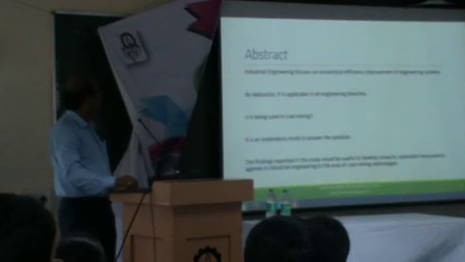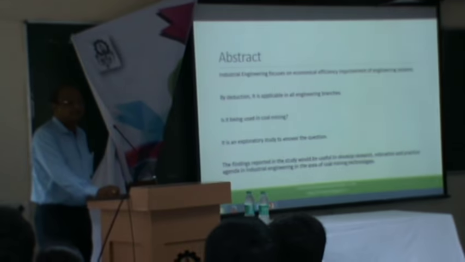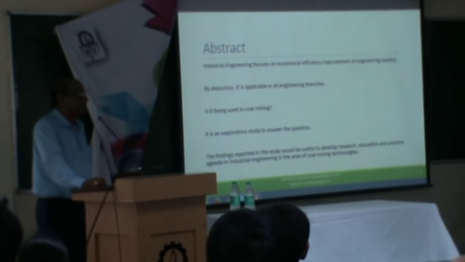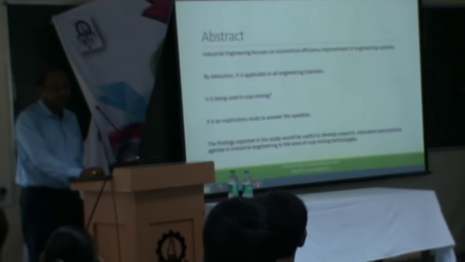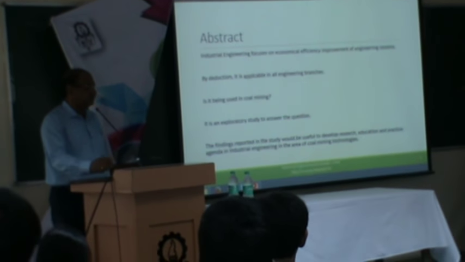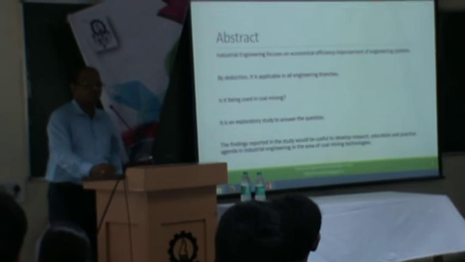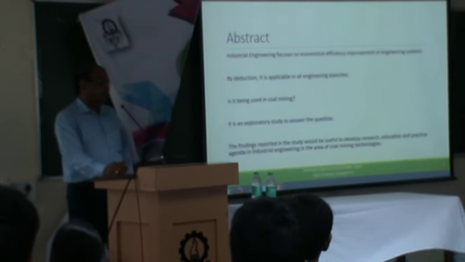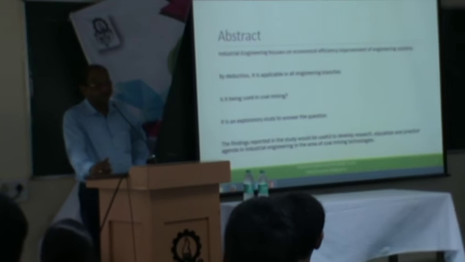Right. So what we are trying to say is, industrial engineering focuses on economical efficiency improvement of engineering systems. Yesterday, in one of the batches, Director Madam is telling innovation, new products. Right? Now, what happens when somebody makes a new product?